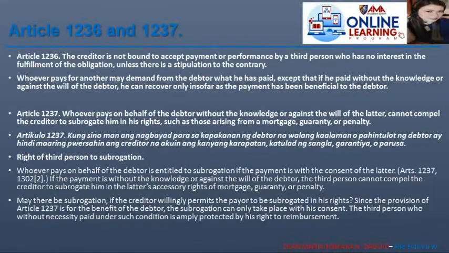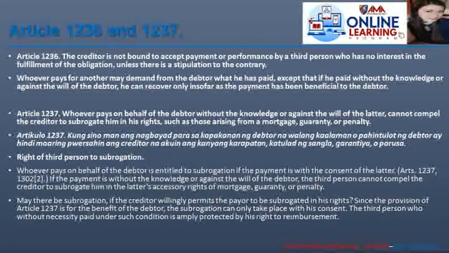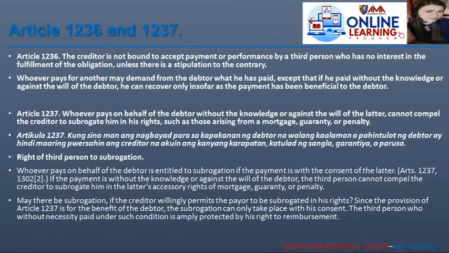Okay. So, there be subrogation if the creditor willingly permits the payer to be subrogated in his rights. So, meron bang paglipat class ng rights, no? Kung pumayag si creditor na si A pumalit ay si C pumalit na lang kay A. Since the provision of Article 1237 is for the benefit of the debtor, the subrogation can only take place with his consent.